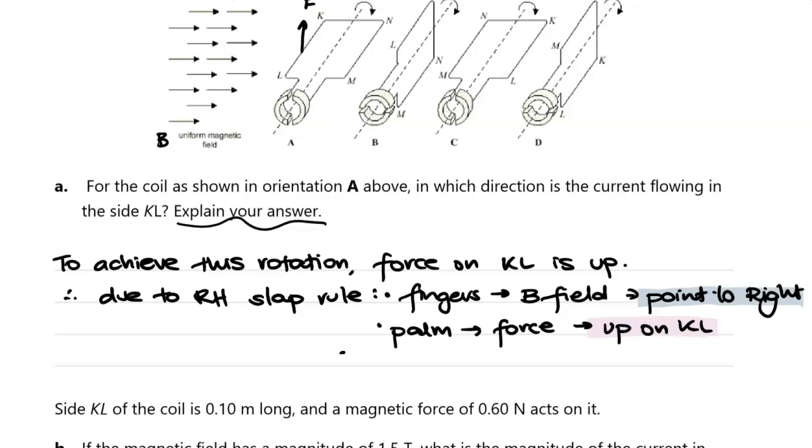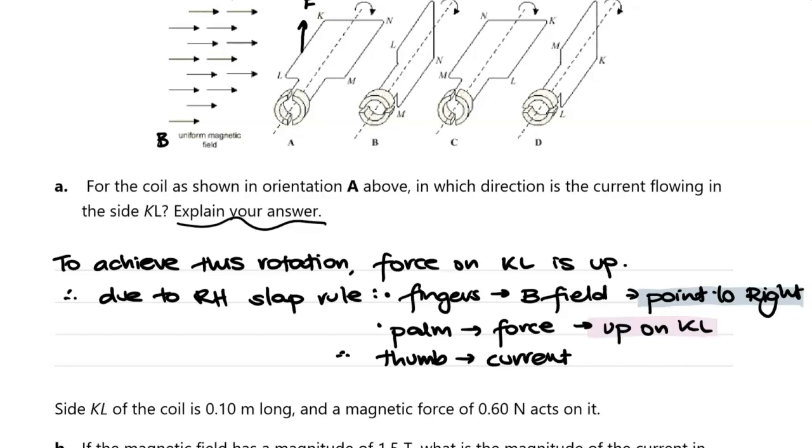And therefore, thumb, which represents the current, and we could try and talk about into the page or out of the page, but because they've got labels of L and K here, we can actually say that. So let's do what we've said so far. Fingers are the B field pointing to the right, so point your right hand to the right. The palm, which is the force, needs to be upwards on KL.